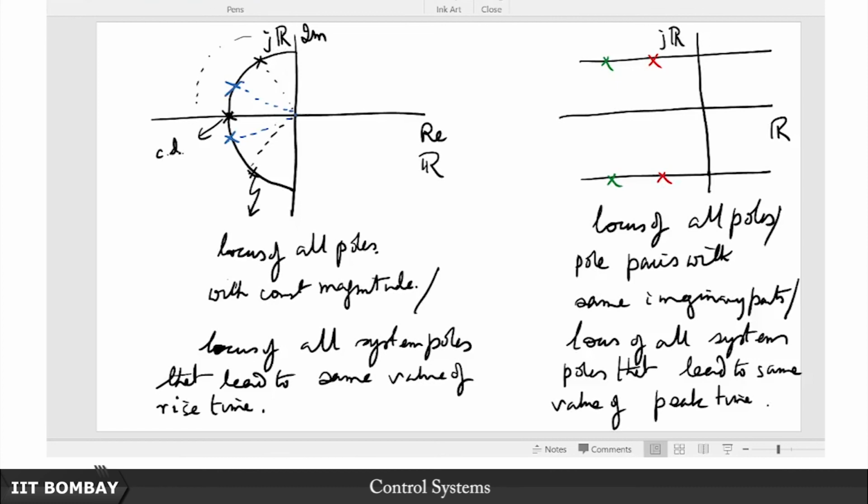So here for another value of this rise time you will draw another locus like this, for a smaller rise time you will go right to upwards like this, for a larger rise time you will come inside like this. Similarly here also for smaller values of peak time you will go up, for larger values of peak time you will come down, but draw parallel lines to this.